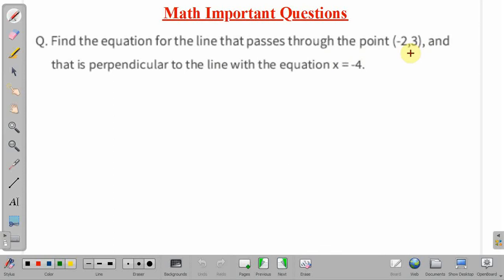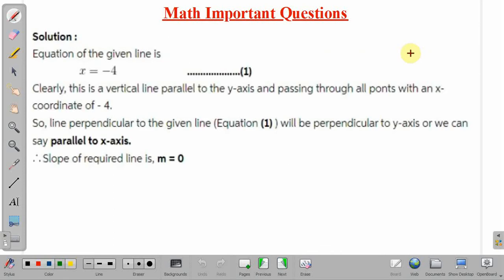So how can we find it? See, the equation of the given line is x equal to -4. So clearly this is a vertical line which is parallel to the y axis, or we can say perpendicular to the x axis, and it is passing through x equal to -4.